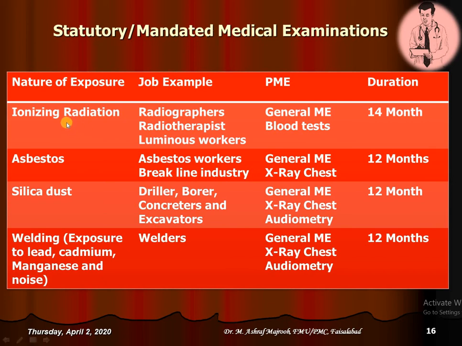For example, for ionizing radiation, the radiographers, radiotherapists and luminar workers are liable to be exposed, and they should be subjected to general medical examination and blood tests, and the regular duration is 14 months.